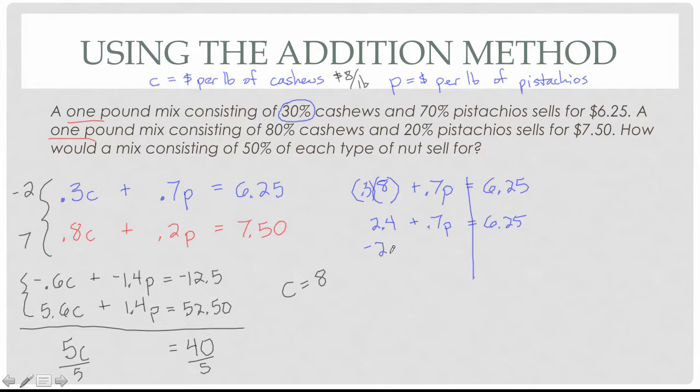Subtract 2.4, let's just solve for P. We got 0.7 P is equal to 6.25 minus 2.4, which is 3.85.